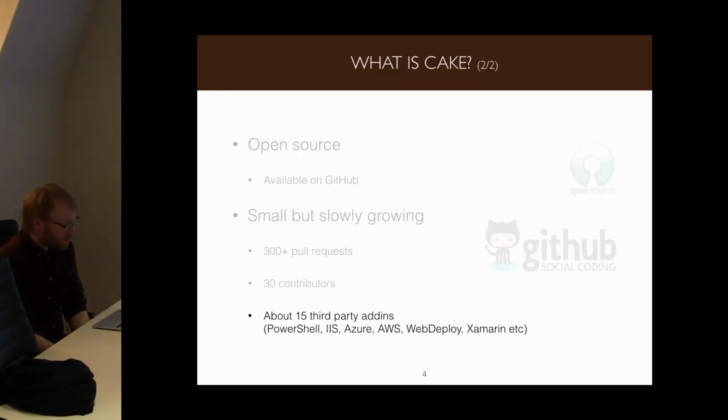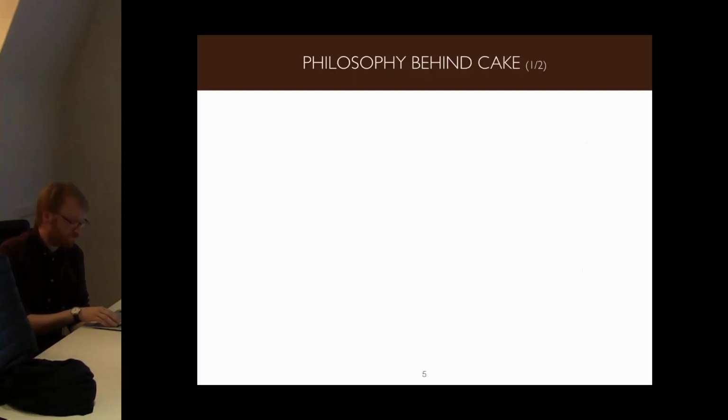That is actually more now, but when I wrote this slide it was 15, now it's like 25, I think. They add functionality to Cake, like to launch PowerShell scripts or managing IIS or talking with Azure or AWS, and a lot of different tools that it wraps.